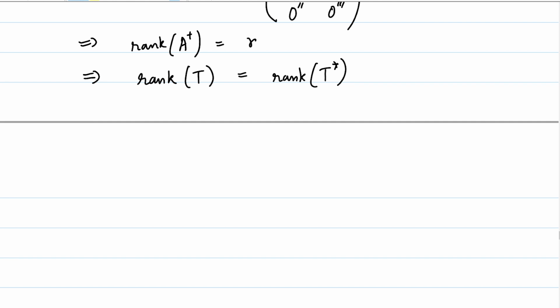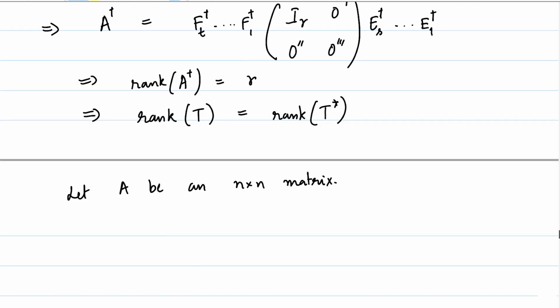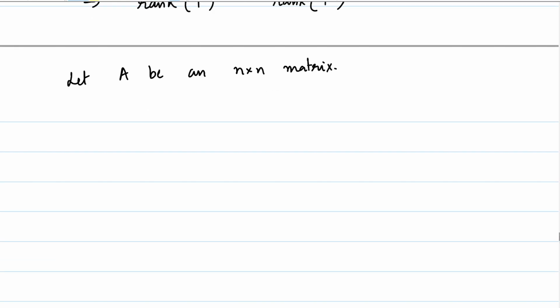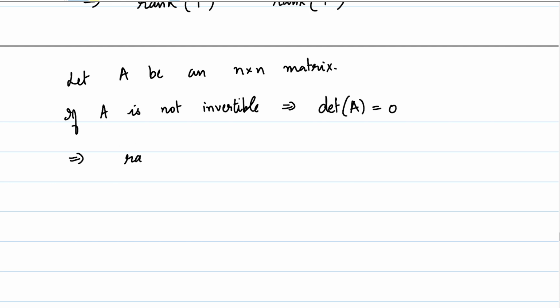Let's look at what will be the determinant of A. So let A be an n cross n matrix. Then we'd like to explore what is the determinant of A star. We know that if A is not invertible, by one of the theorems we have proved, this implies that determinant of A is equal to 0. Also, if A is not invertible, this would imply that the rank of A is less than n, because there will be something in the kernel.